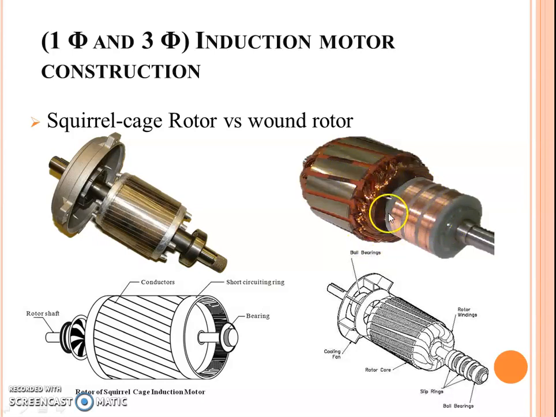So in this construction of the wound rotor, we have an external ring. This is not a commutator like the DC commutator connected to the brush. This ring will be connected to an external resistance element.